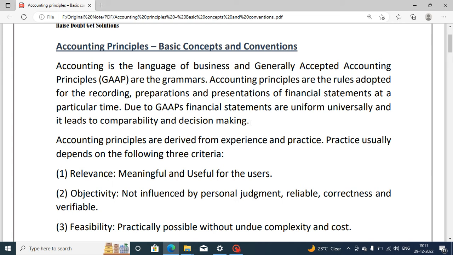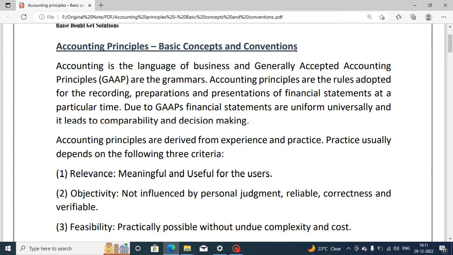How will the financial statements be uniform universally? When we follow GAAP, the generally accepted accounting principles, then automatically the financial statements will be equal and look uniform worldwide. The GAAP is prepared by ICAI, and ICAI follows the IFRS.